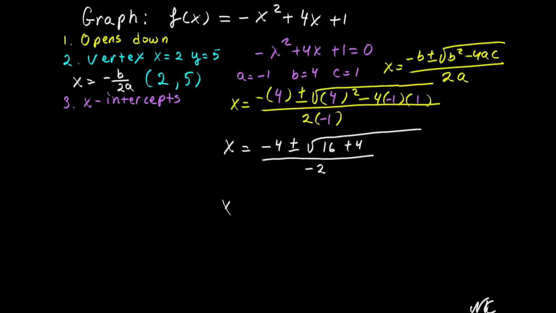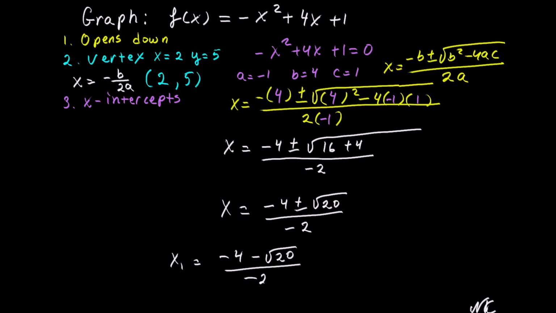This is x equals negative 4 plus or minus the square root of 16 plus 4, which is 20, over negative 2. So our two x-intercepts are x1 equals negative 4 minus the square root of 20 over negative 2, and the second one, x2, is negative 4 plus the square root of 20 over negative 2.